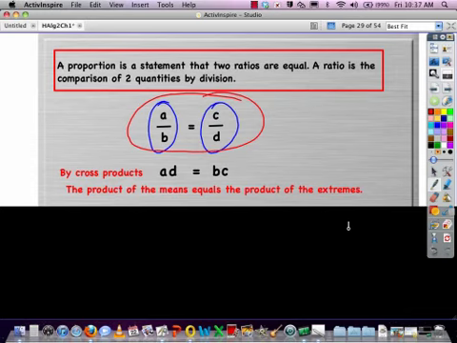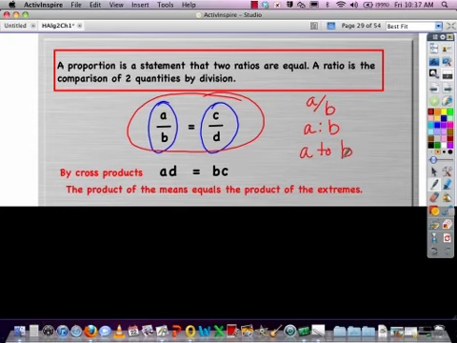So if you go back into your previous knowledge and say, hey, I can write a ratio like A is to B as a fraction. I could write it with a colon, A is to B, or I could write A to B with the word 'to' in between. Those are all ways to write a ratio.